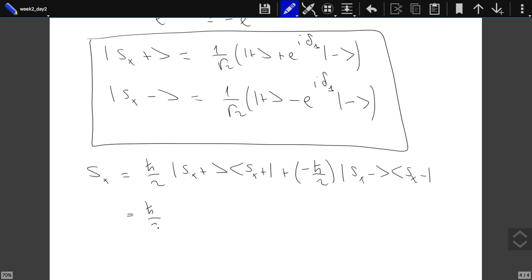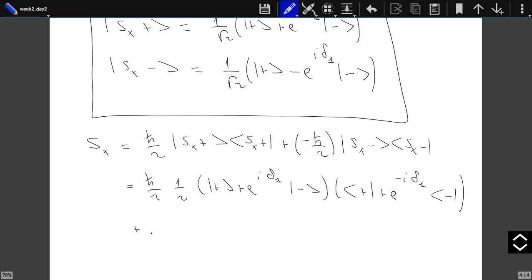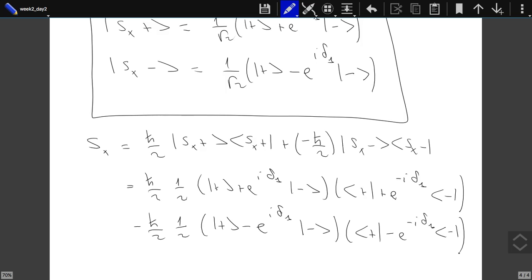This will be h bar over 2, 1 over 2, plus e to the power i delta 1 minus, plus e to the power minus i delta 1 minus, plus or minus h bar over 2, 1 over 2, plus minus e to the power i delta 1 minus, plus minus e to the power minus i delta 1 minus.